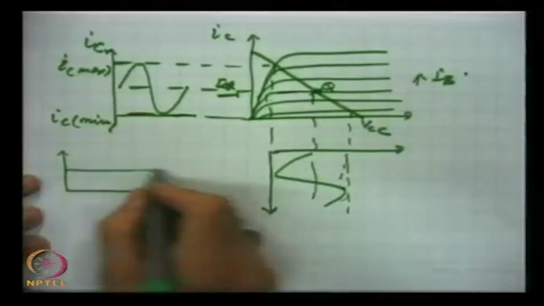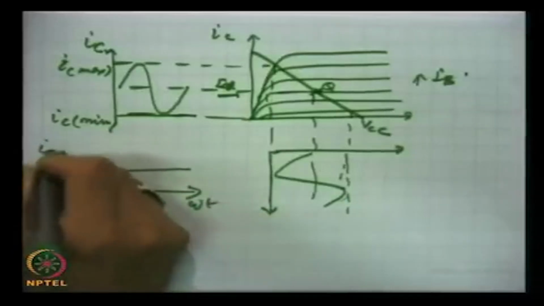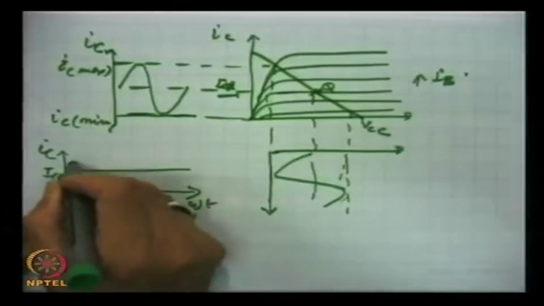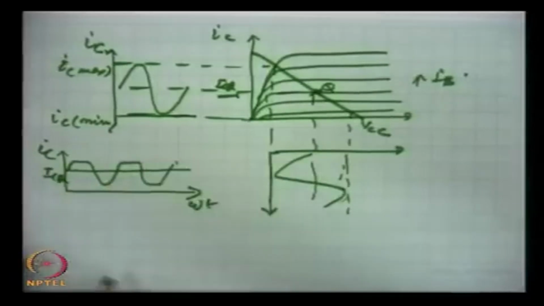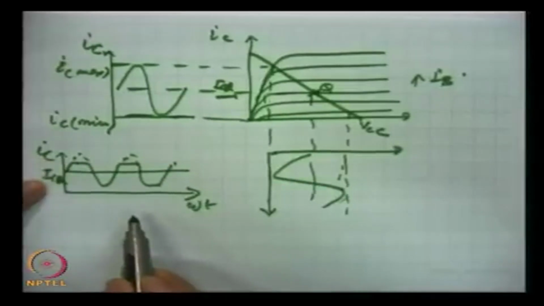This is AC and this is omega t, and this is IC, this is ICQ, then distortion will occur like this. This portion is absent in the output, and this is distortion.